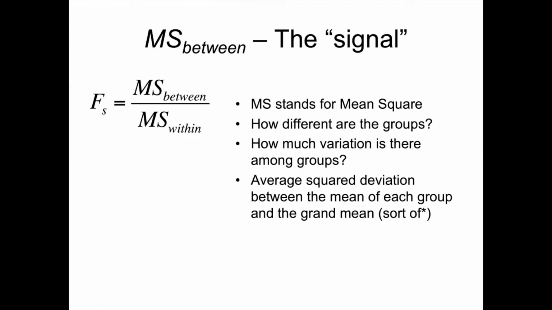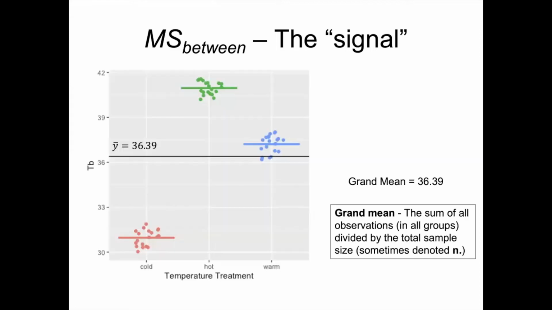The way we calculate a mean square between is roughly as the squared deviation between the mean of each group and the grand mean. And what I mean by the grand mean is the overall mean across all of the samples. And so here we have the grand mean of all of our 61 samples of ground squirrel body temperatures, where that grand mean is equal to 36.39 degrees Celsius.